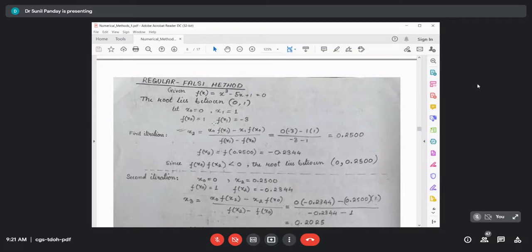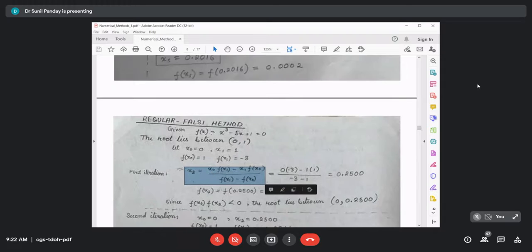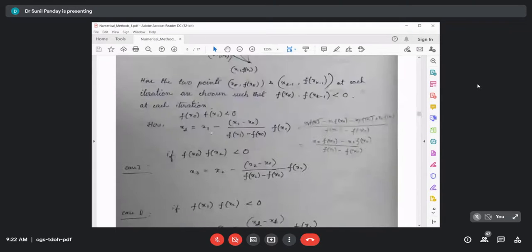like f of x0 into f of x1 is less than 0. And this is our regula falsi method formula: x2 equals x0 f of x1 minus x1 f of x0 upon f of x1 minus f of x0. This formula and the second formula are the same, because if you simplify this one, the simplification is already here.